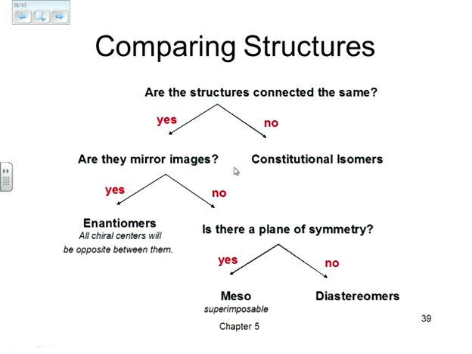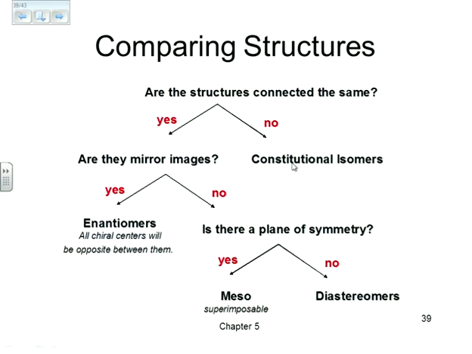So let me show you what that looks like. Here, for those who like flowcharts, let me show you this. These might help. What you can look at when comparing structures is, are they connected the same or different? Yes, the same, like if chlorine's coming off the same carbon, bromine.